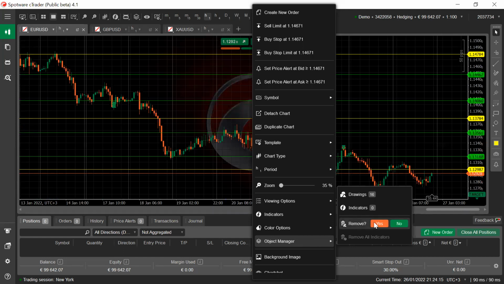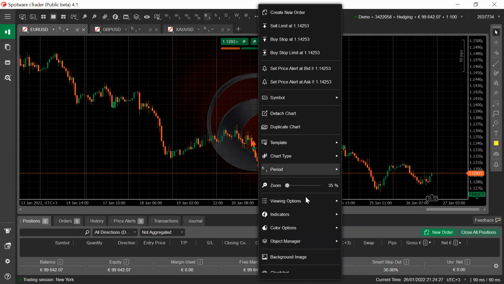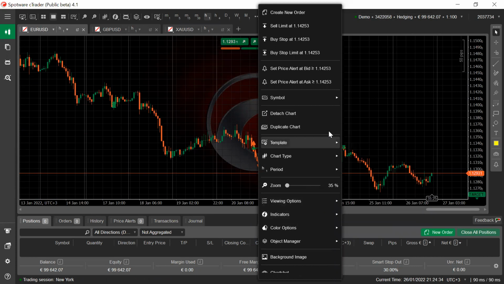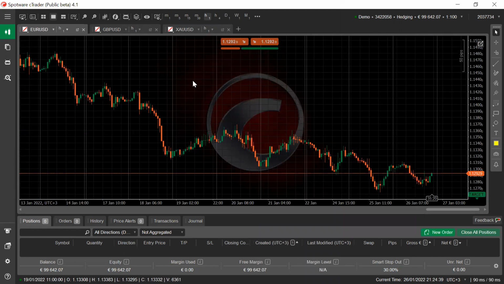Okay, so this strategy, we shall set it up on EUR/USD for now. Like I said, one of the things about the strategy is you don't have to worry about which pair you will use. You can use any pair.